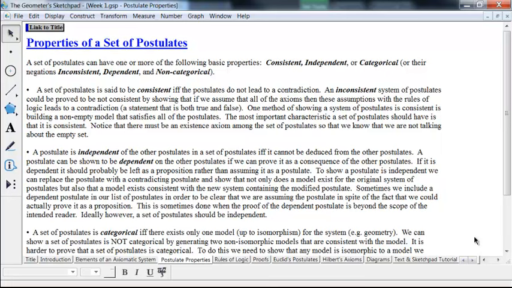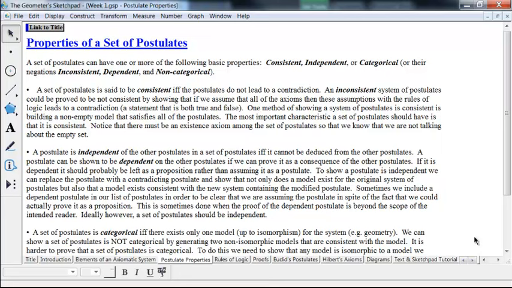So we don't want a postulate in there that we can prove from the other ones, usually. Sometimes you'll see a postulate put in there that's dependent on the others because deriving and proving it is beyond the scope of the intended reader.